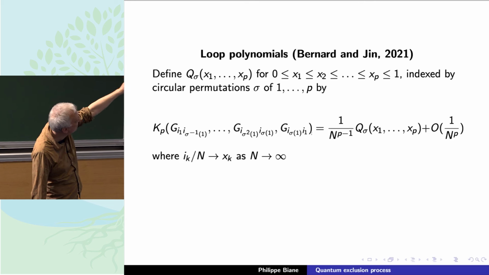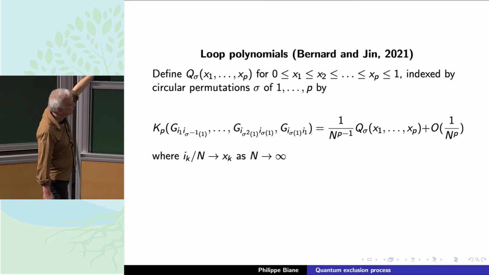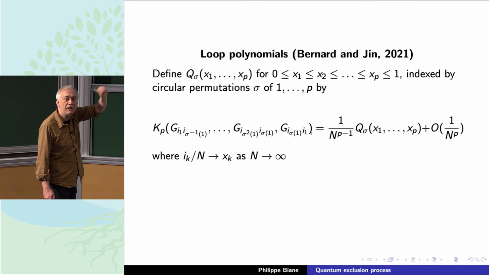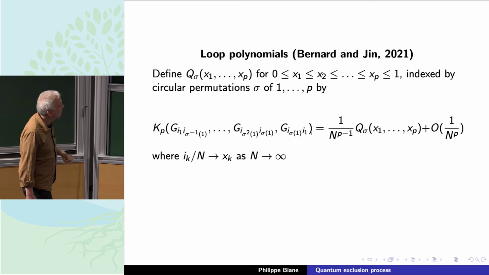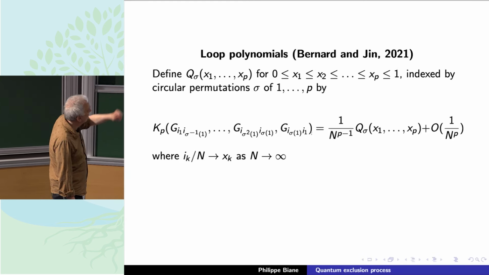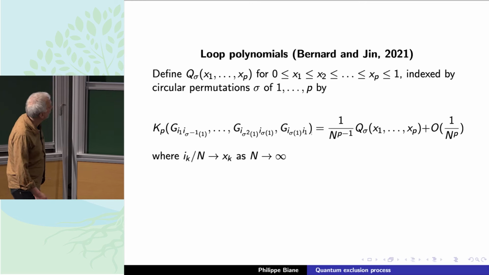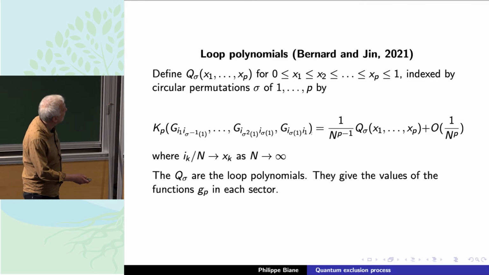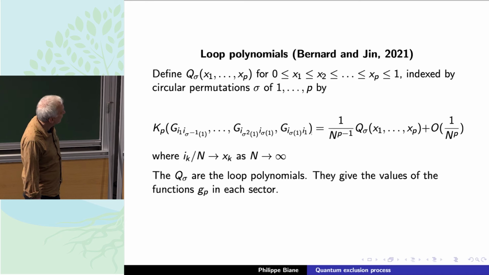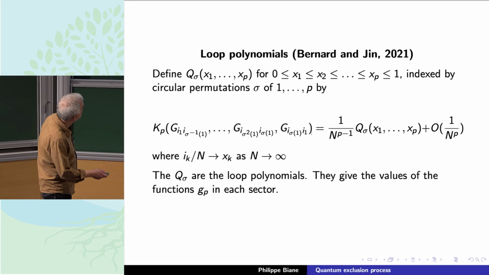So we take the limits of these quantities when, again, I1, I2, etc., Ip converge when rescaled to some spots, U1, U2, x1, x2, ..., xp, and we get these polynomials, Q sigma. Okay. So these are called the loop polynomials, and they give the values of the function G_p in each sector.